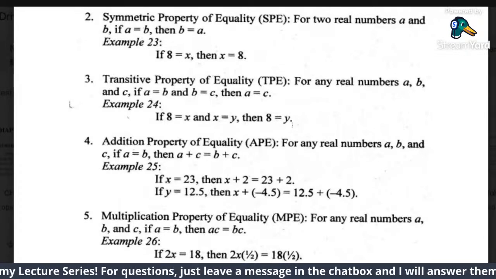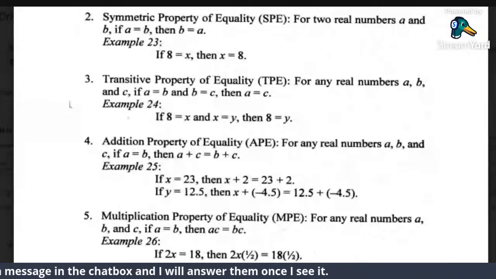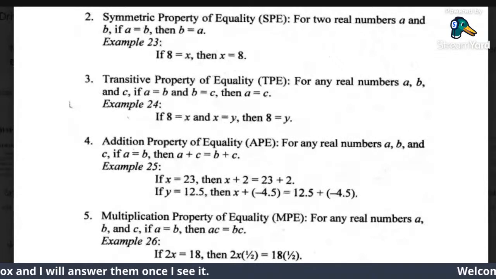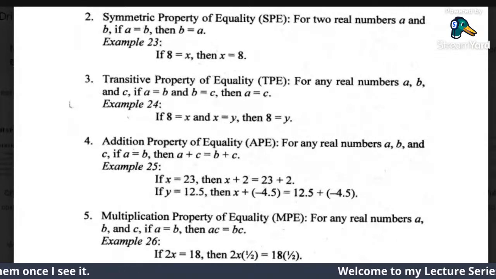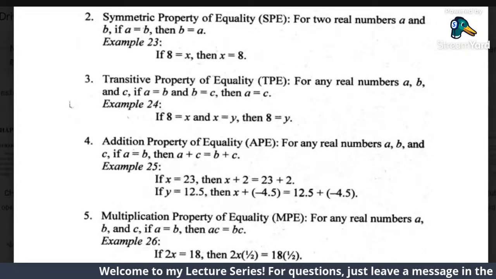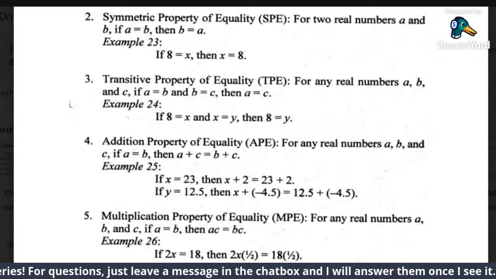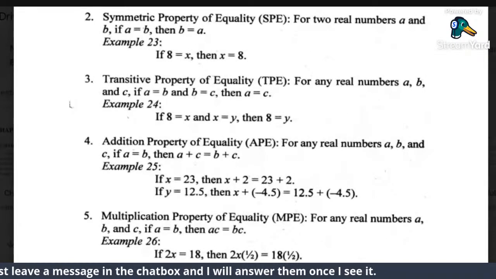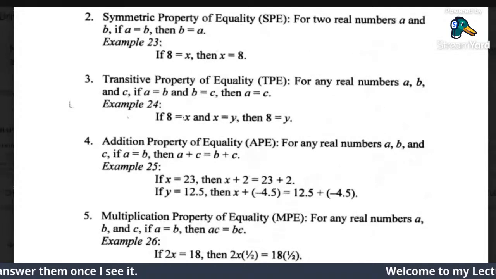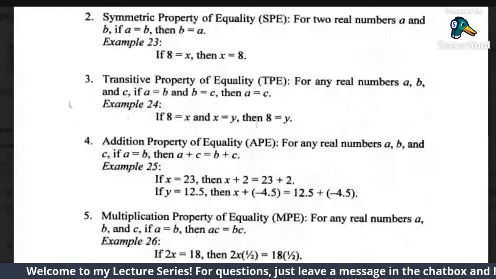Sometimes the transitive property of equality is used in problems, especially for linear equations, to let you find the value of x and y, for example. So here, if 8 is equal to x and x is equal to y, then 8 therefore is equal to y. That's the transitive property of equality.